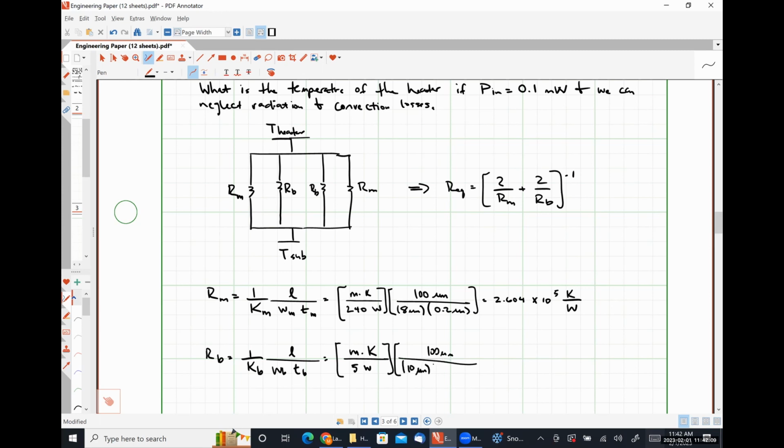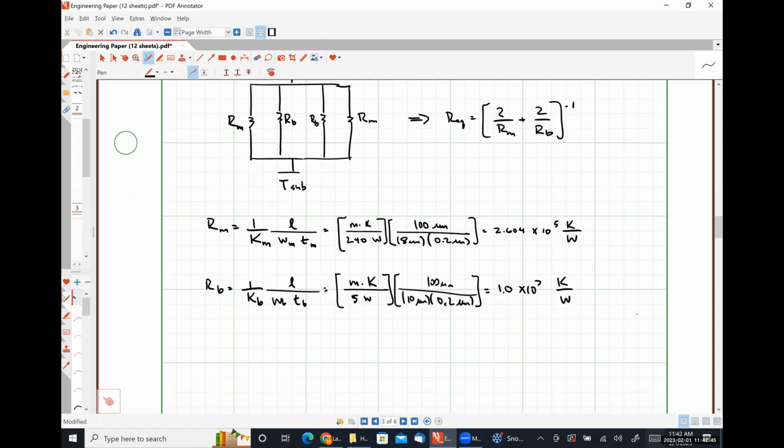Now we'll have 10 microns times 0.2 microns. And this is going to come out to be 1.0 times 10 to the 7 Kelvin per watt. So it makes sense. The material with a higher thermal conductivity exhibits a lower thermal resistance, right?